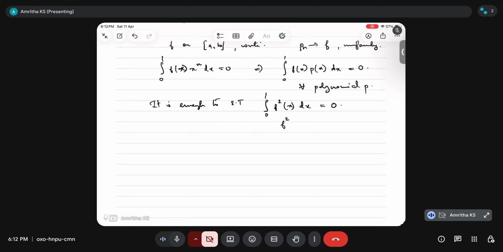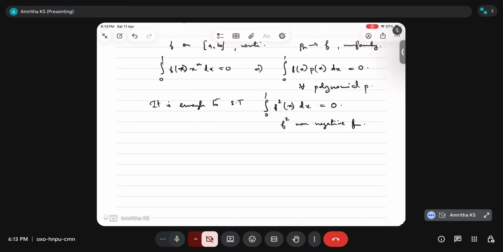This is a positive function, oh sorry, this is a non-negative function.